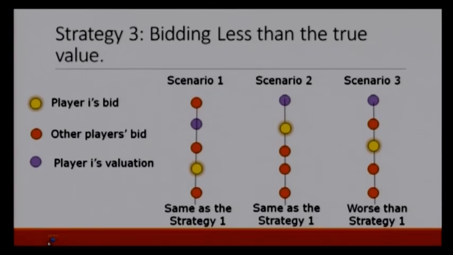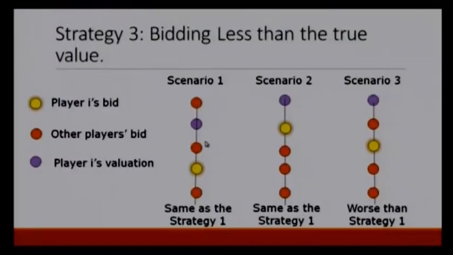In this scenario, bidding less than the true value or bidding equal to the true value, both would have given the same outcome to player I. Okay? For example, his payoff is 0. Even if he had bid truthfully, his payoff would have remained equal to 0.